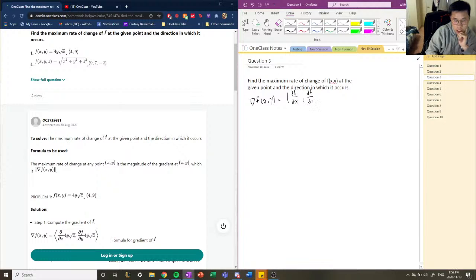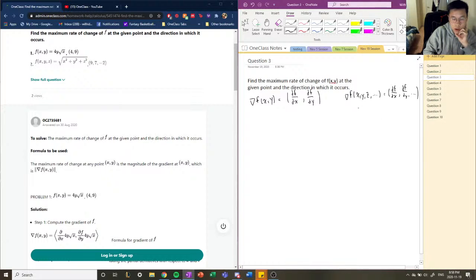This is for a two-variable function, but in general, if we were to write out the general formula for it, let's say there's x, y, z, and so on, it would be the vector valued function of all the partial derivatives of the function. So that's the gradient.